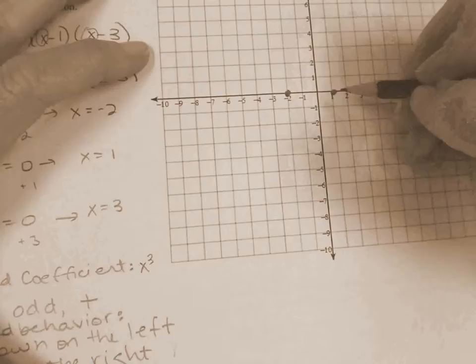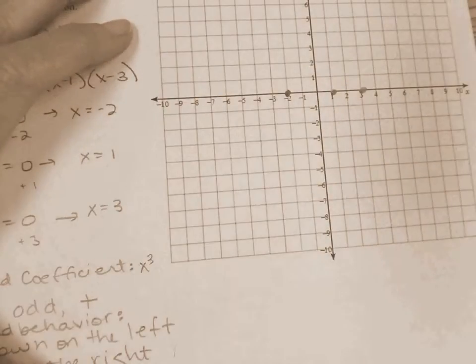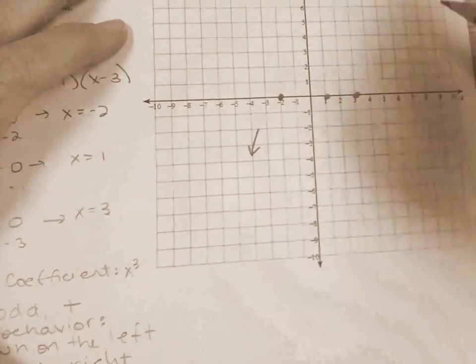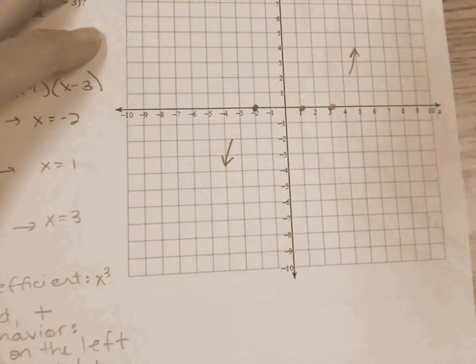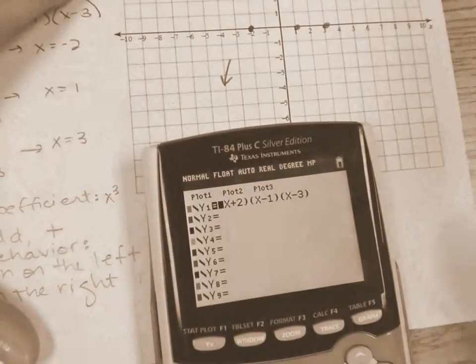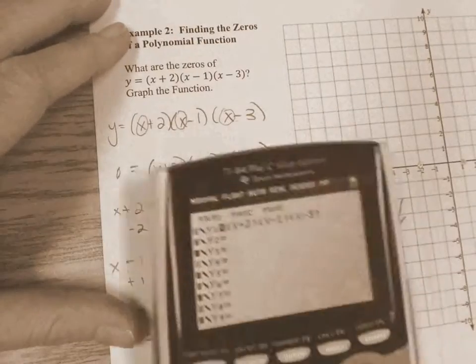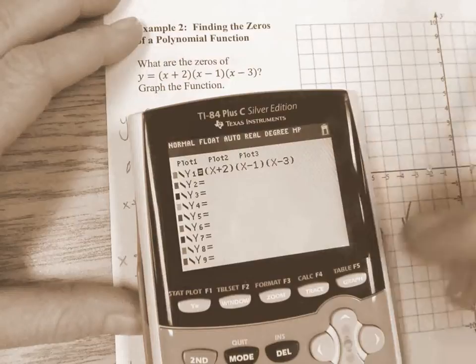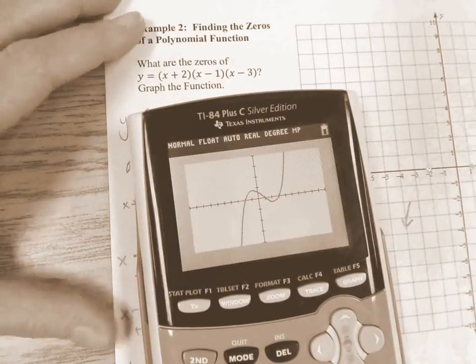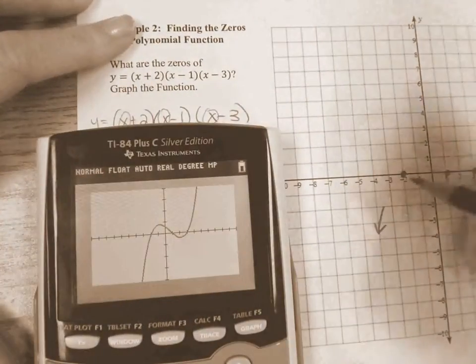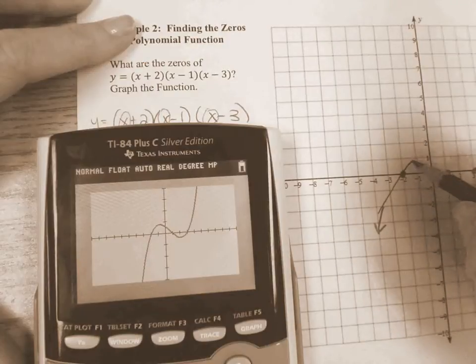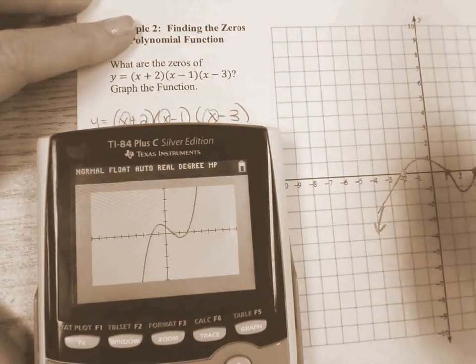So we've plotted our three zeros. The next thing we can do to help get a better feel, since we know it's down here and up here, is to go ahead and get out the graphing calculator. You can actually type it in just as it's written in the parentheses and all, and hit graph, and you can see our graph is going to look something like this.